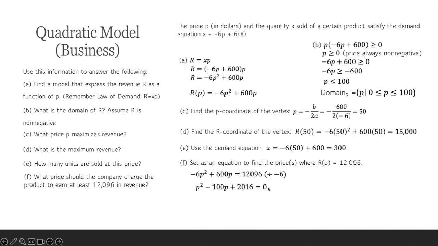I can solve this. For example, if you're not very good at factorization, you use the quadratic formula. But this equation can be factored.